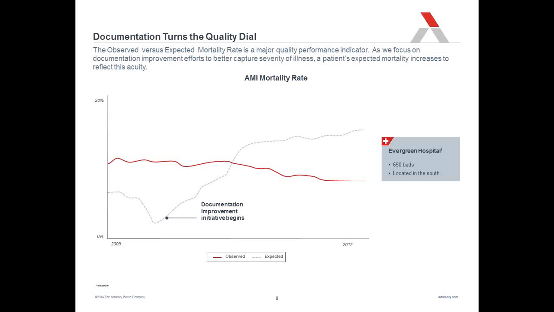You can see that prior to this particular facility beginning its documentation improvement initiative, the expected mortality rate of its patients was really being represented very low, and it had what appeared to be an overly high observed mortality rate. But as the clinical documentation improved and the severity of illness and risk of mortality of the patients were actually captured more accurately, you can see now that the expected mortality did outstrip the observed mortality and really started to depict the good quality of care that this hospital was providing.